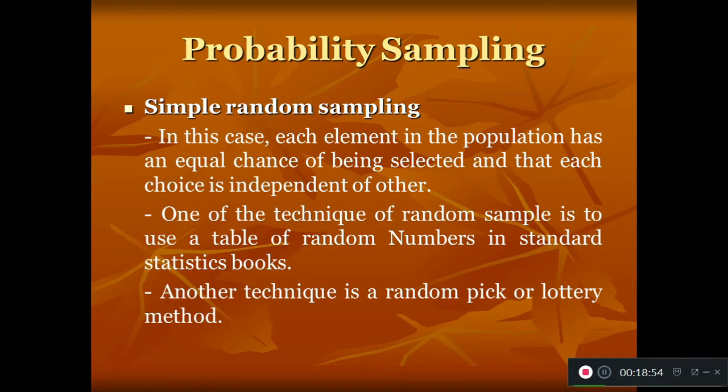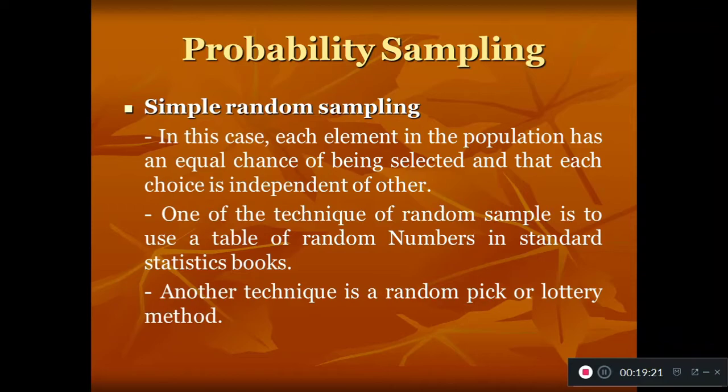In this case, each element in the population has an equal chance of being selected, and each choice is independent of the other. One of the biggest advantages in simple random sampling technique is that every element in the sample is getting an equal chance to get selected in the research.